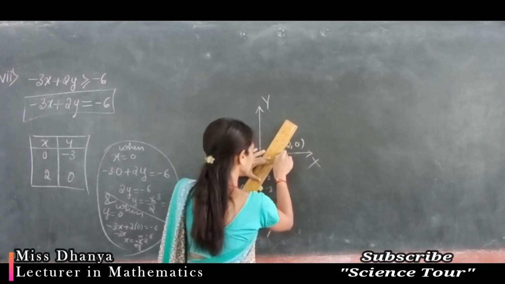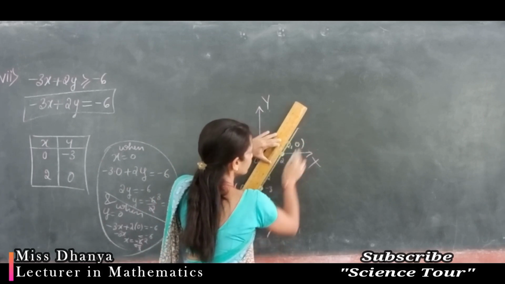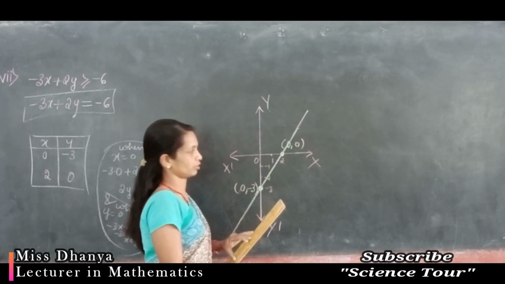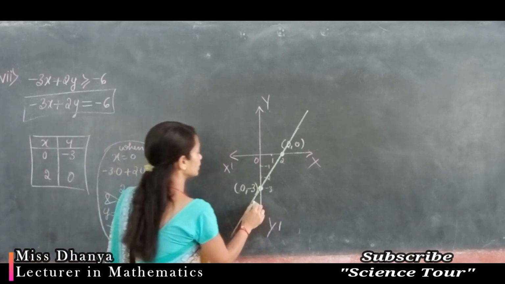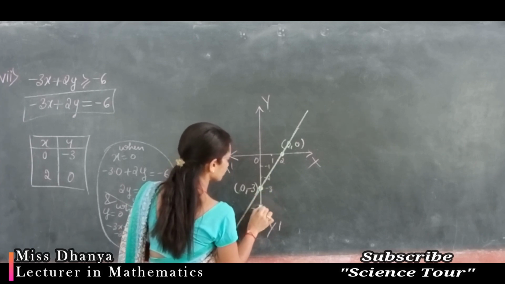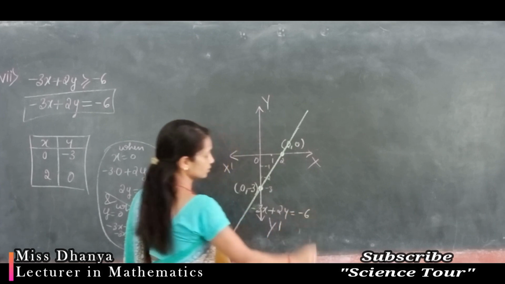You have to join these 2 points by a continuous line. After that you extend that line in both directions. And after that you have to write the name of the line, that is minus 3x plus 2y is equal to minus 6.